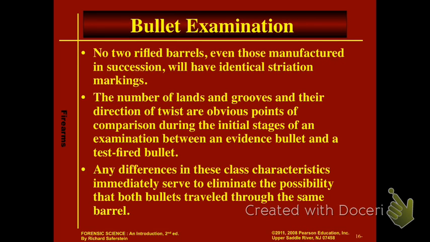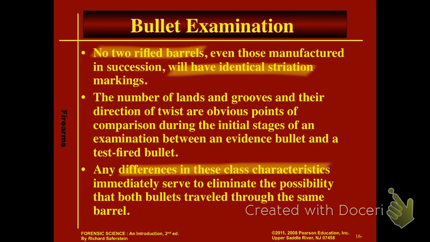No two rifled barrels, even those manufactured one right after the other, will have identical striation markings. The numbers of lands and grooves and the direction of twist are class characteristics from a manufacturer, as I discussed before, but after that, it's individual.